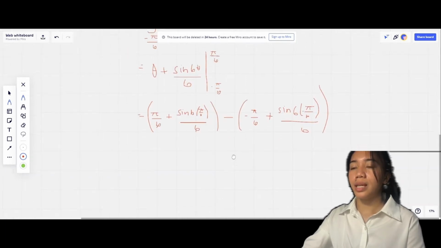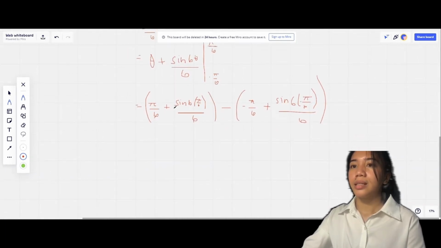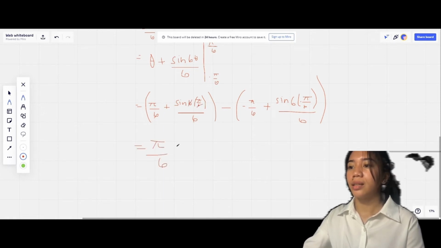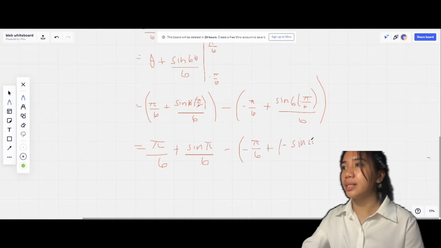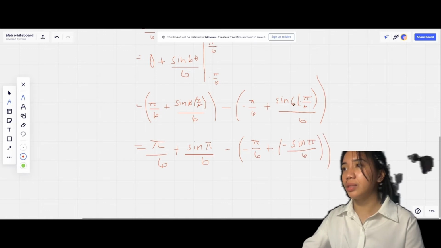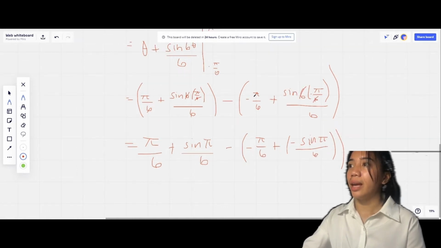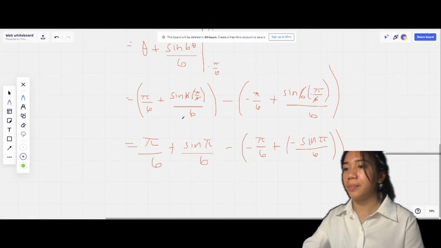So pi over 6 plus sine pi over 6, as we have cancelled 6 here, minus negative pi over 6 plus negative sine pi over 6, as we also have cancelled 6 from sine 6 and negative pi over 6.